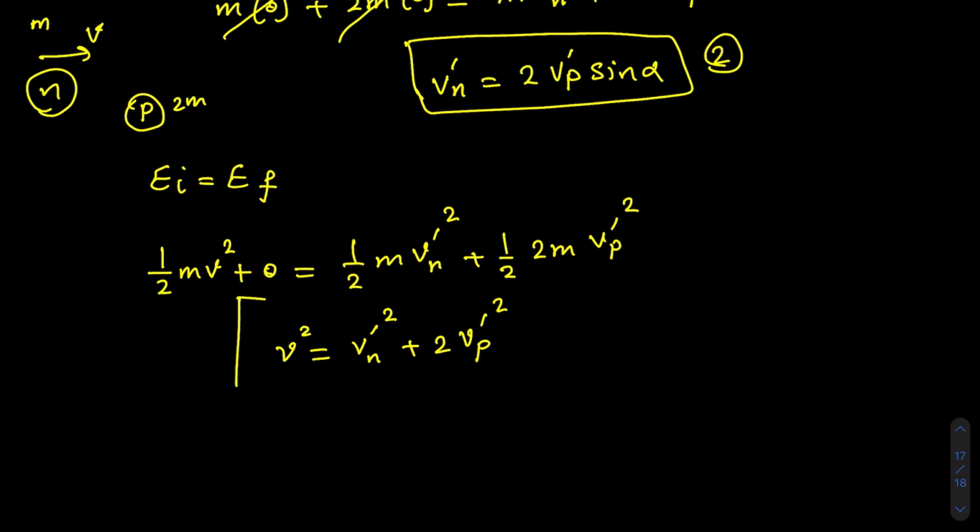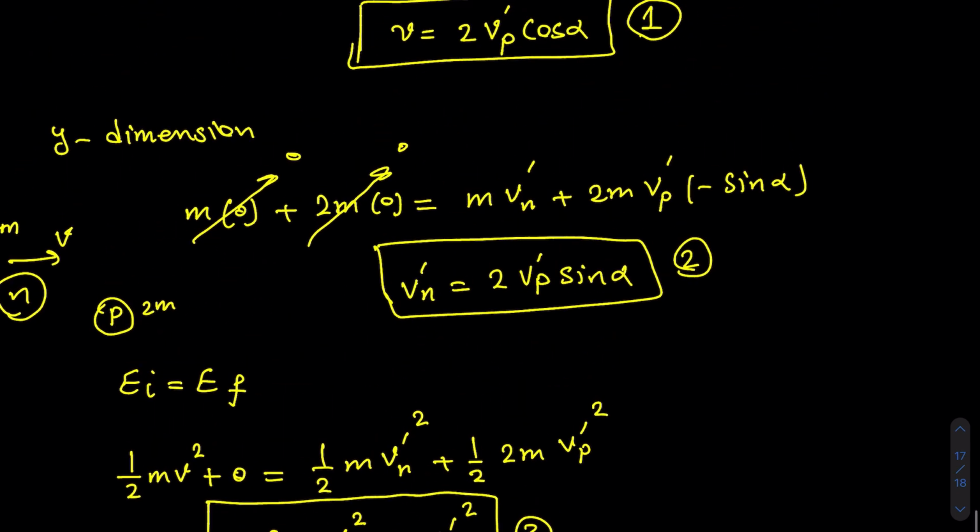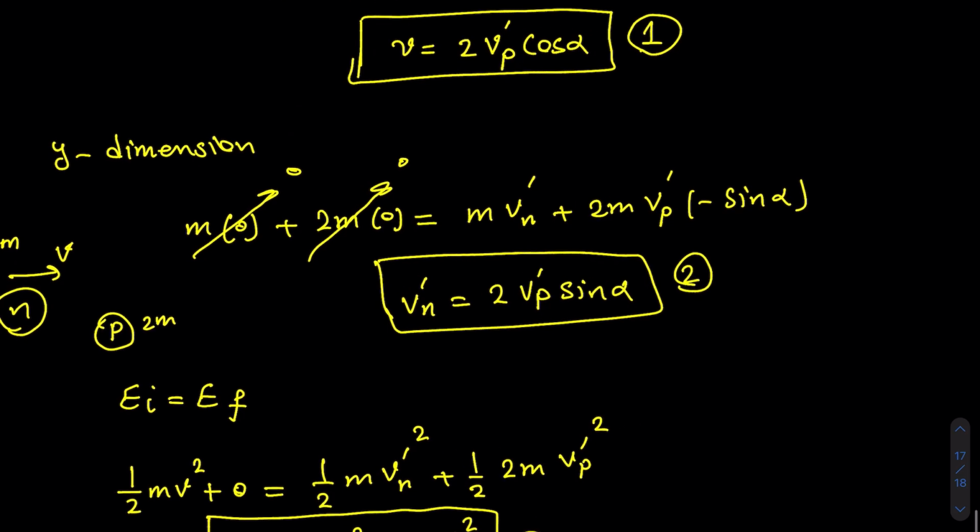So this is the equation that we get from the law of conservation of energy. Let's call this the third equation. Look carefully at the findings we have found.